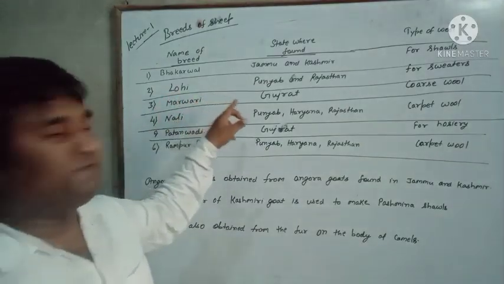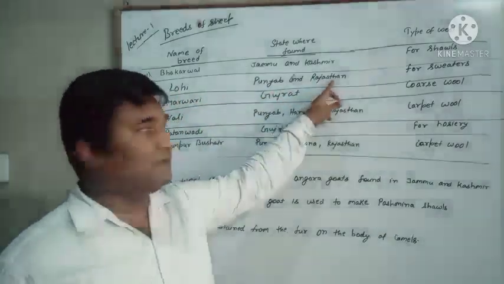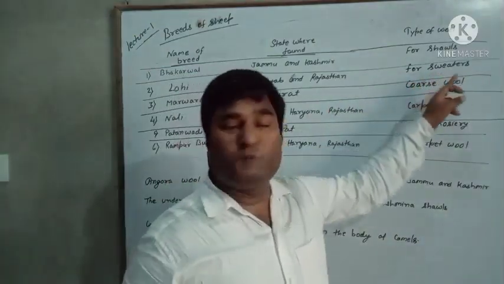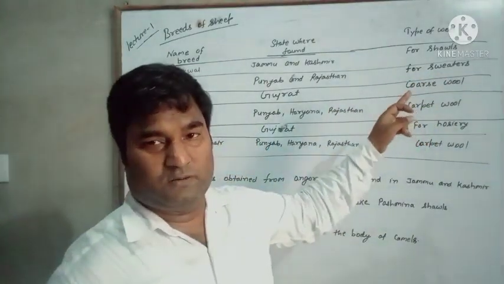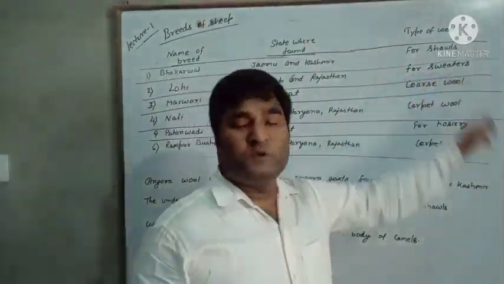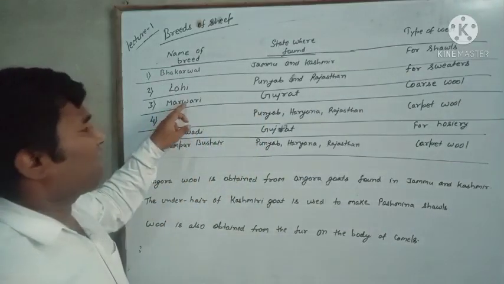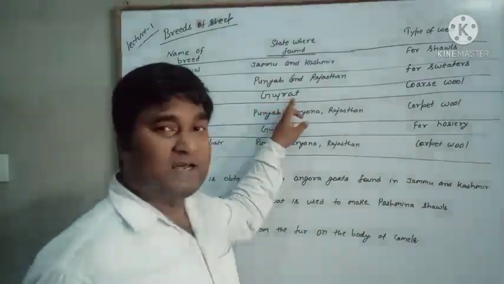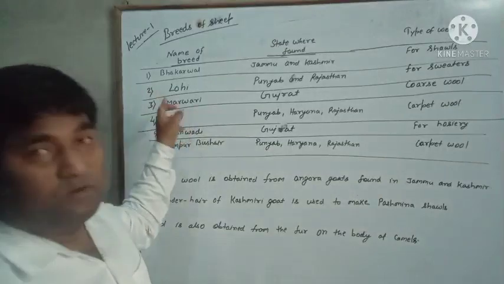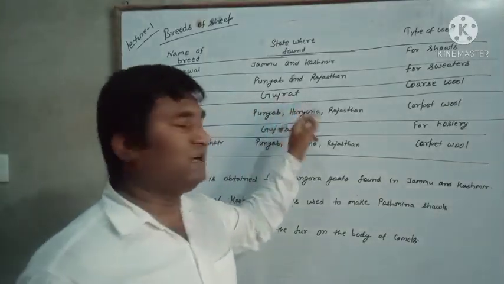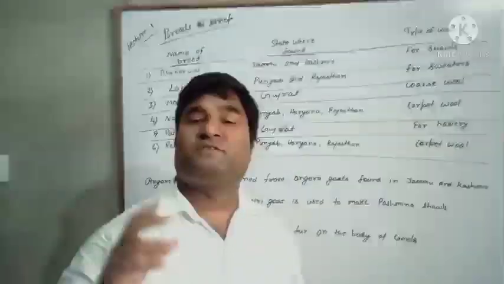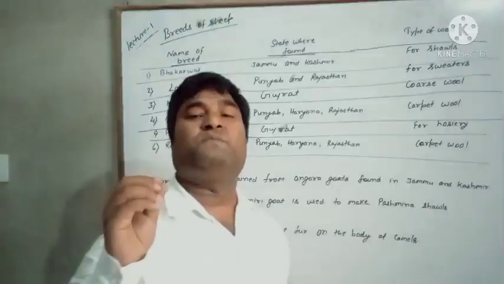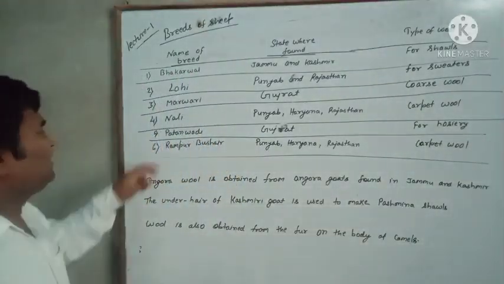Lohi is found in Punjab and Rajasthan. It is also good quality wool, obtained for sweaters. Marwari is found in Gujarat, means this breed of sheep is found in Gujarat and it gives coarse wool, means some hard wool.